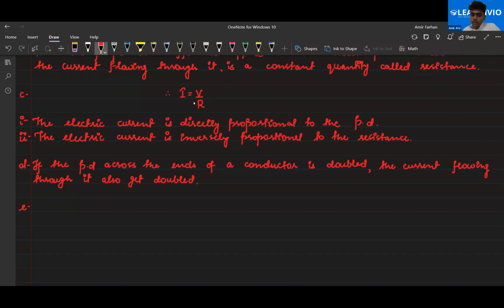If I decrease the resistance by half, what will be the value of current? It will increase by what? I'm saying that if I decrease it by half, what will be the effect on the current? Half or what?